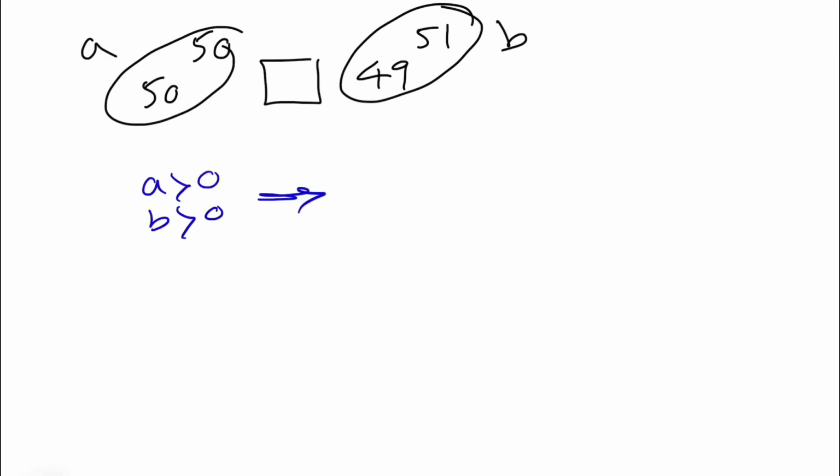And we're going to have different scenarios. If we have A over B greater than 1, that means A is greater than B, which in this case means 50 to the 50 will be greater than 49 to the 51.